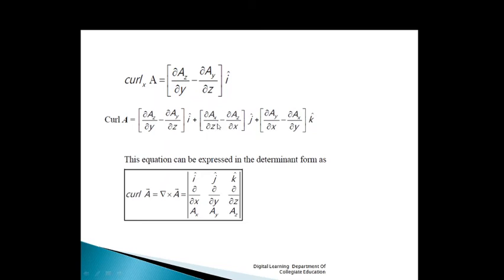Next, to get the j component, we neglect the corresponding column as well as row, and cross multiply: ∂Az/∂x minus ∂Ax/∂z. Similarly, to get the k component, we neglect the corresponding column and row, and by cross multiplication get ∂Ay/∂x minus ∂Ax/∂y into k cap.